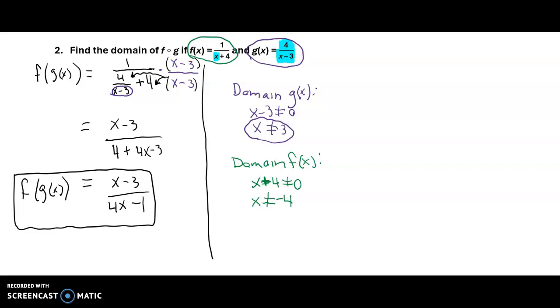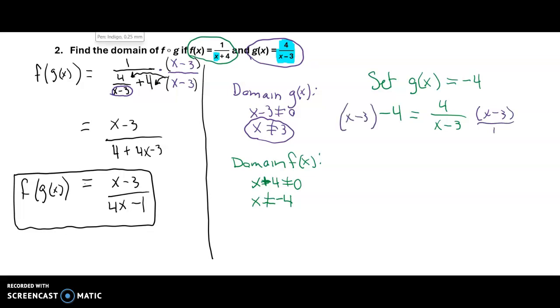So I'm going to set my inside function, g of x, equal to negative 4. We'll have negative 4 equals 4 over x minus 3, and we're going to solve for x. We will multiply both sides by x minus 3. I wrote over 1 because we have a fraction on that side.